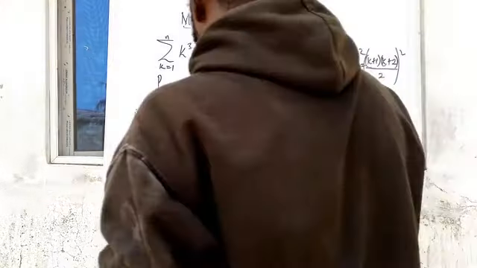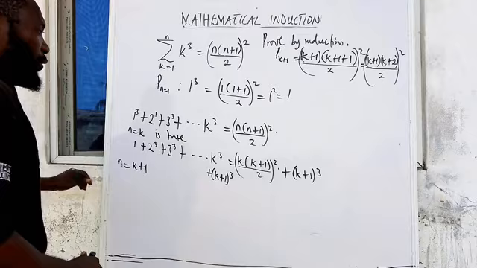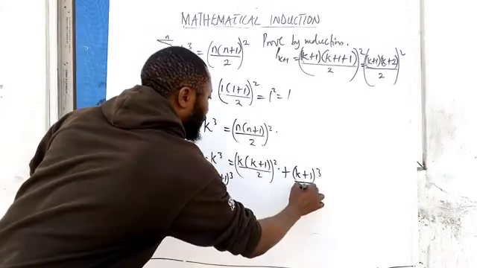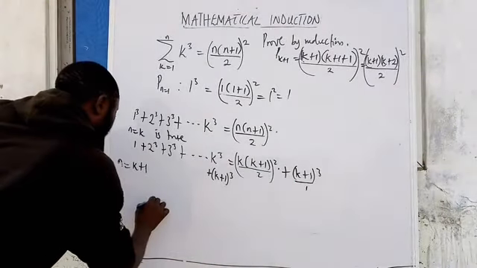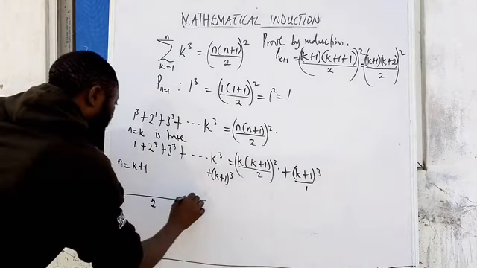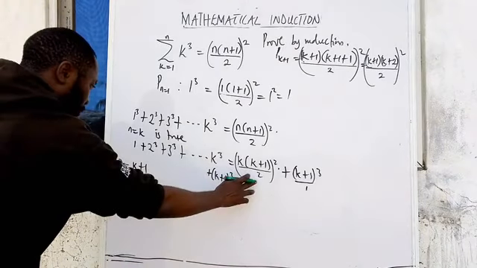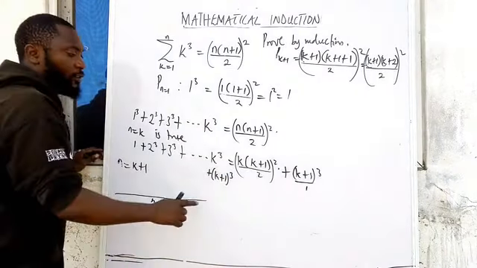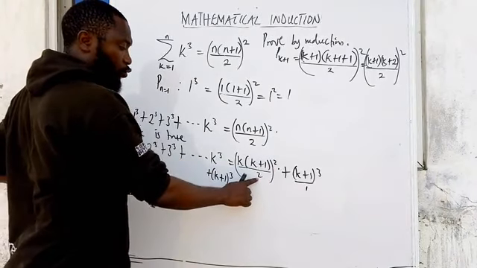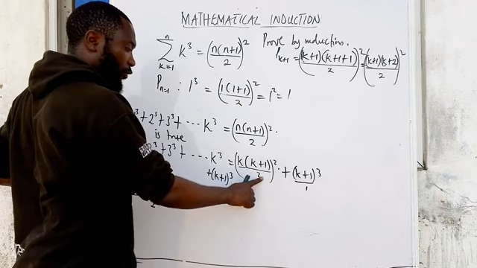Yes, we factorize and take the LCM. Now let's take the LCM from here. Our LCM is 2. Okay, sorry. This is squared, so the square will affect this. So the LCM should be 4.